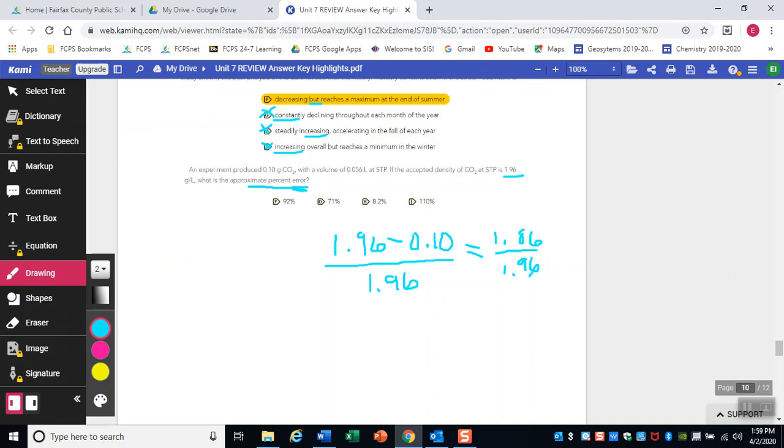But I want that as a percent, right? It says percent error. So remember what we always do is we times by 100, which just moves the decimal over 2 times. So I get 94.9.